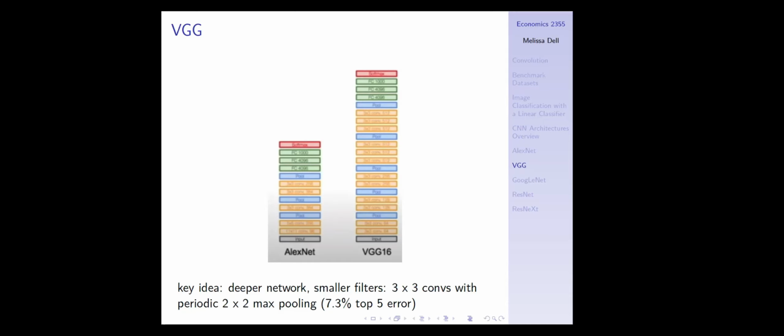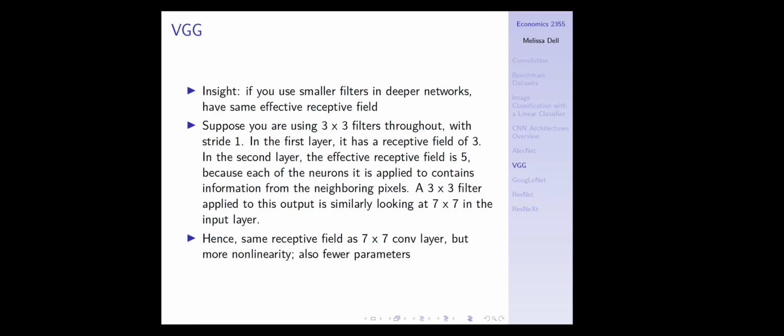And so you might ask yourself, why is this true? Why would you prefer to have smaller filters and a deeper network? I think the insight here is that if you use smaller filters and deeper networks, you can have the same effective receptive field. Suppose that you have a network and you're using 3 by 3 filters throughout with a stride of 1.